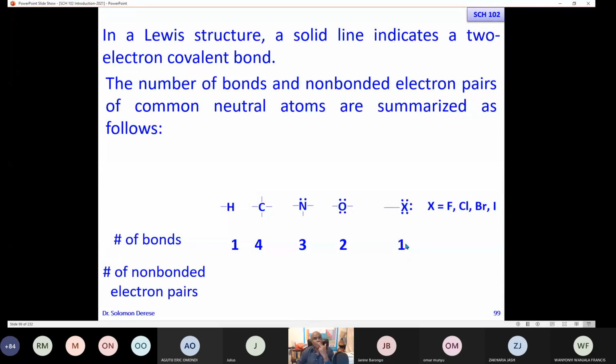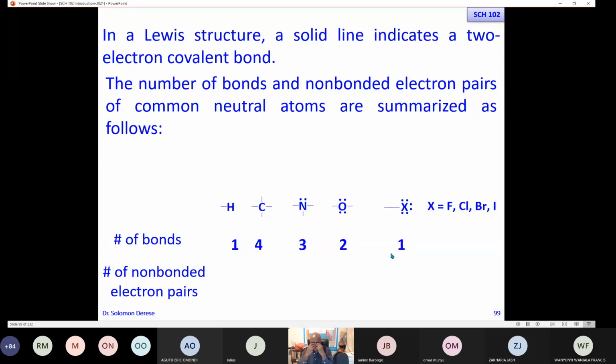But halogens must follow the octet rule. So they need additional 6 electrons. These additional electrons are the lone pair of electrons you find on the halogens. So these 3 lone pairs will bring 6 electrons plus 2 as a result of the 1 bond, you'll have 8 electrons.